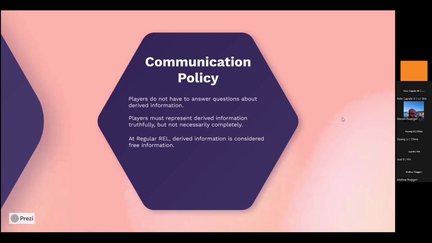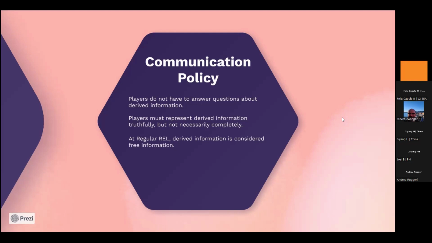Players have to represent derived information truthfully, but not necessarily completely. And this is because if someone asks you, what does that card do? That could be a very long answer, and we don't want to penalize players for accidentally omitting some part of the derived information, but the statement still must be true.